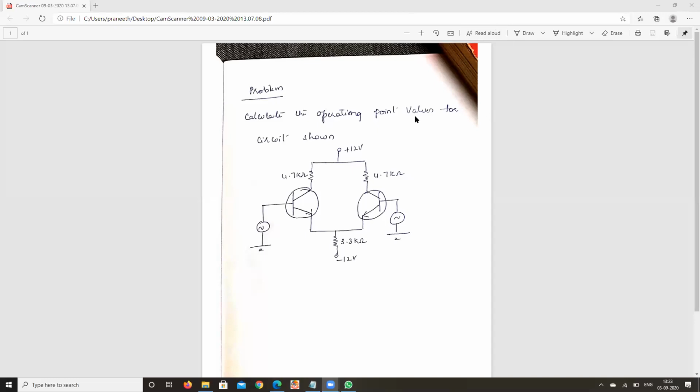Whoever has given me the answers, you are right. Very good. So the operating current is 1.71 milliamps. Milliamps, remember. Okay, so hope everybody has done this.